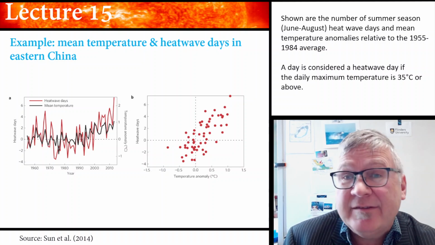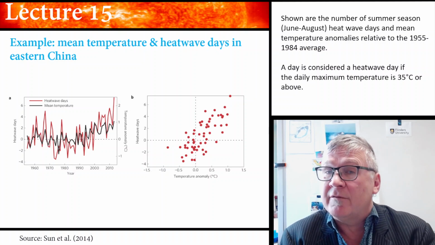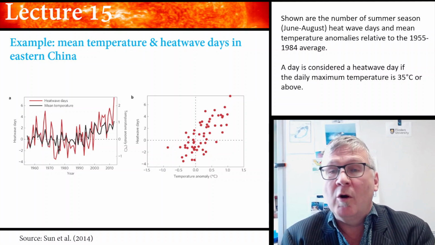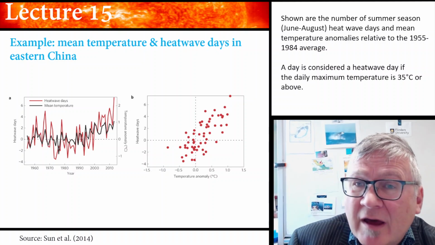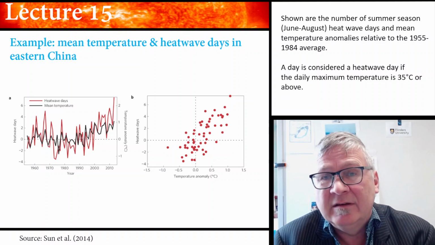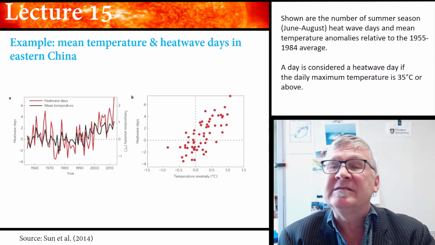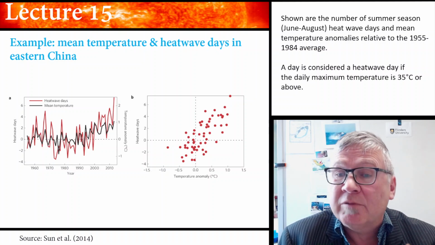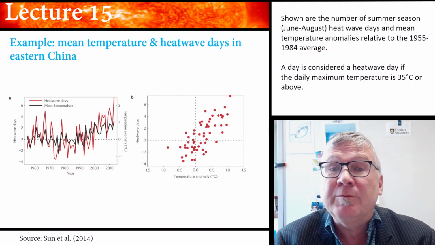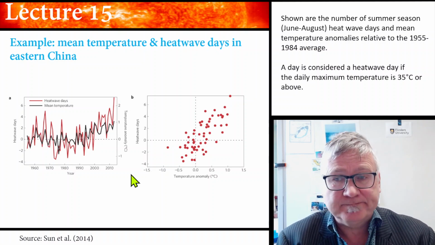And that's a concerning message, because the warming could come through other means, like the nights could become warmer, or it could be a seasonal shift. But here, a key feature is that these heat waves play a big role in the warming signal.